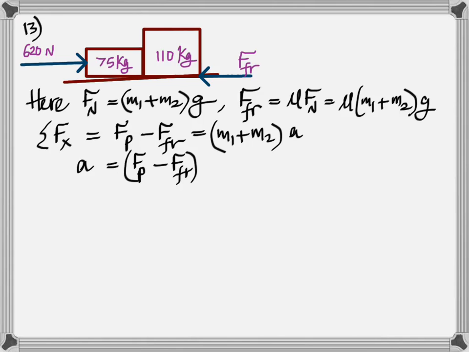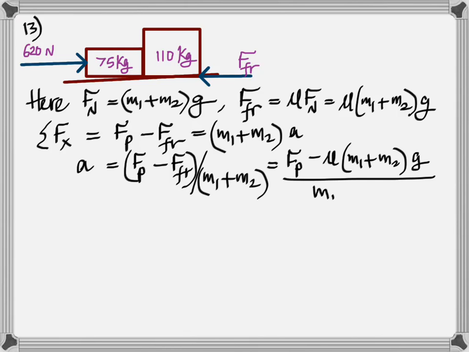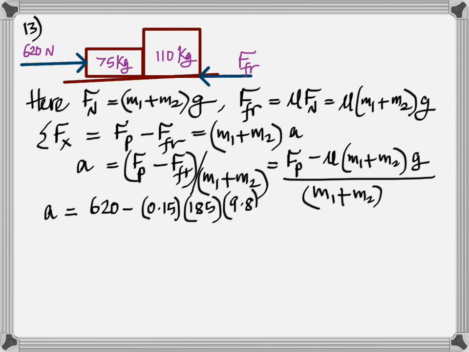So make A the subject. That gives 1.9 meters per second squared.